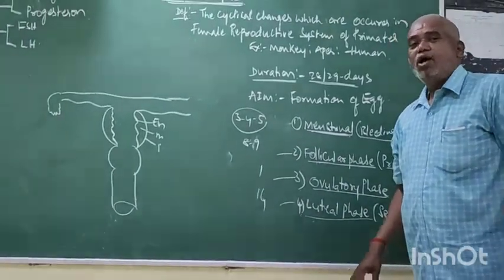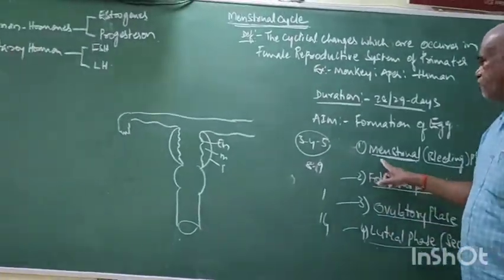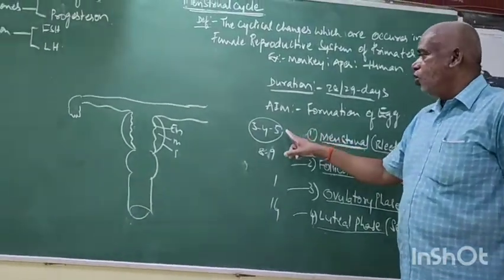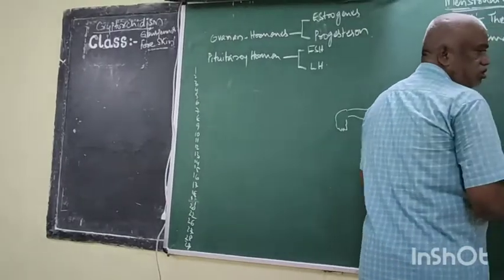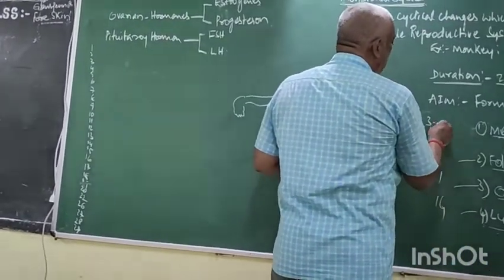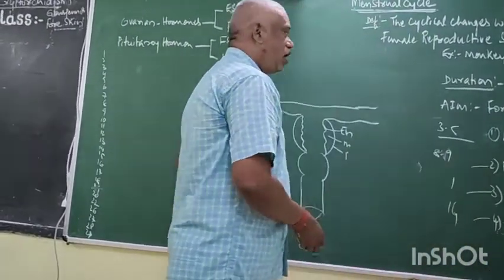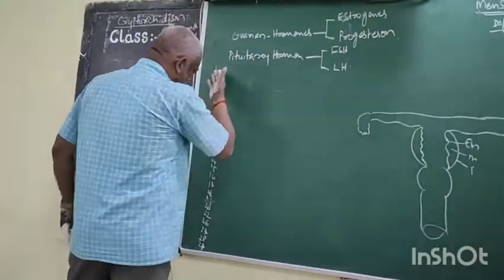Now I will go into detail. What is the first phase? The menstrual phase. What is the duration? It may be 3 to 5 days. Now it is the 28 days.